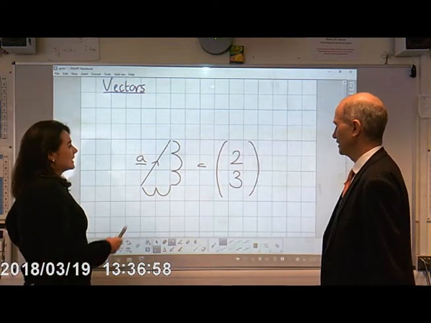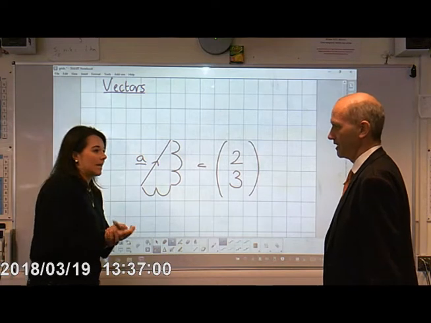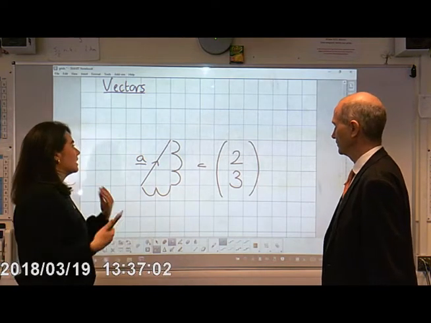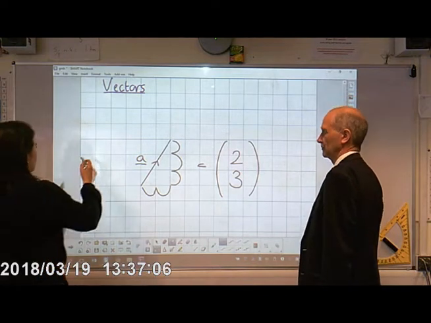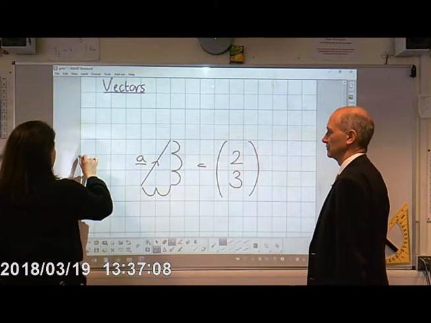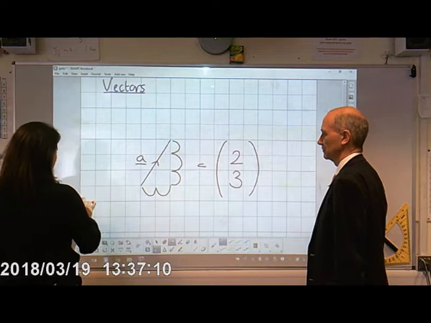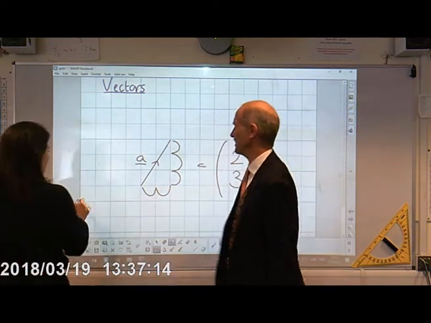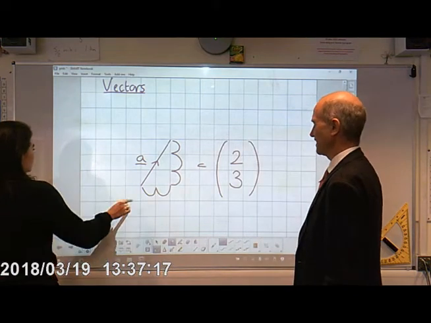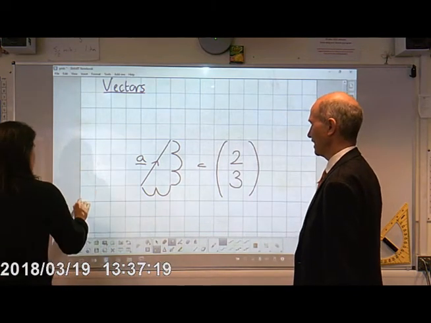Now, vectors can be scaled up. They can get bigger, but also moving in the same direction. So if I drew the vector 2a, that would go 4 to the right and 6 up.